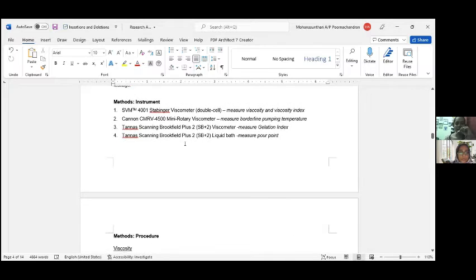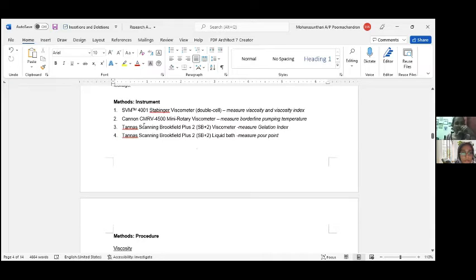So I think we just go through everything so that Prof will have a clear view of what we did. On the instrument part, we already decided to choose these as our laboratory. Northland Petroleum uses these four things to measure the viscosity index, the borderline pumping temperature, the gelation index, and the pour point.